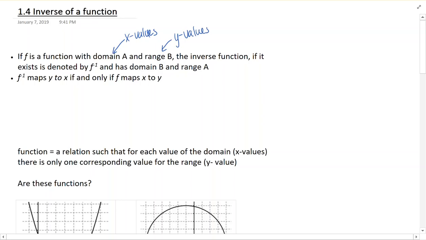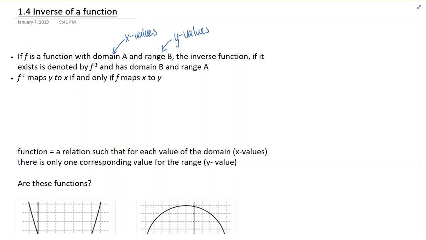The inverse function, if it exists, is denoted by f to the minus 1 and has a domain b and range a. So if the function has domain a and range b, so a and b just representing some set of numbers, then the inverse would have domain b and range a.